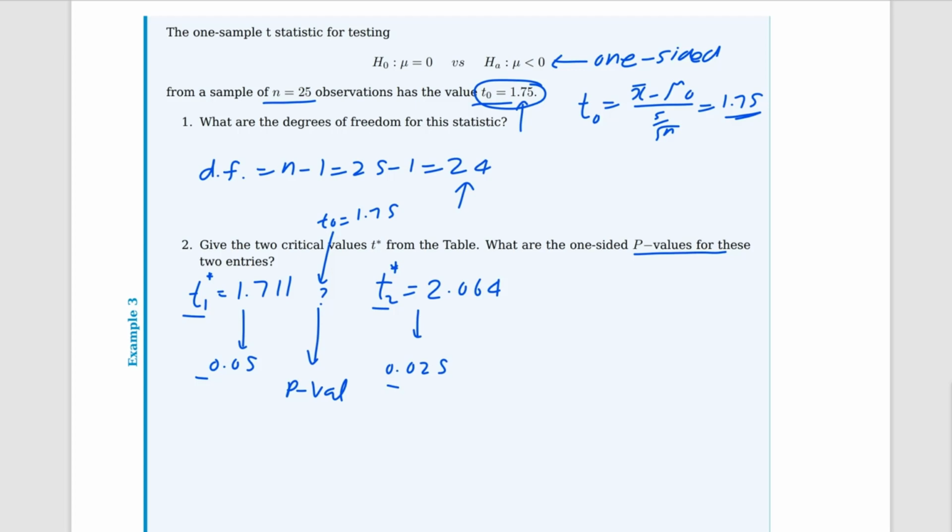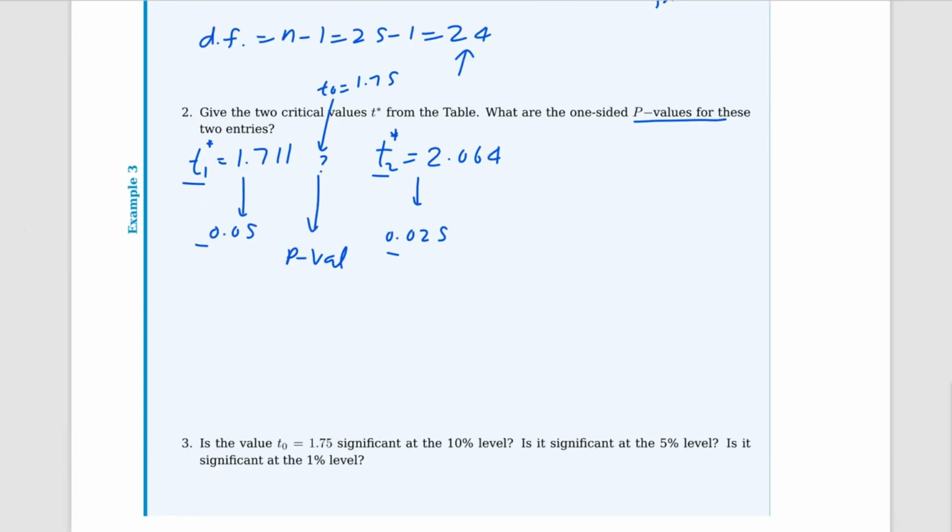Okay, right. That means I can write this way: the p-value corresponding to the T naught should be in between 0.025. You see, this is the smallest number. It is the opposite for the T values. In T values this is the smaller one, but in p-values this is the smaller one.